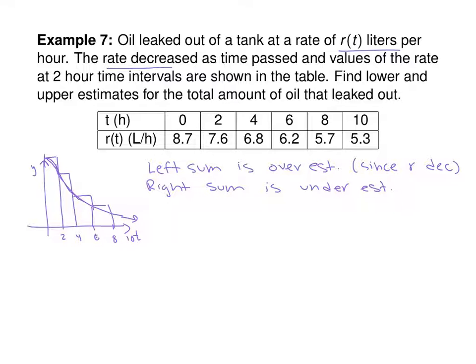And then, okay, so now let's find L5, sorry, this is L5. If you find your left sum, or any sum, what is the width of every single box? 2. How would you find the height of the first box? What would you plug in? You'd input 0, right?